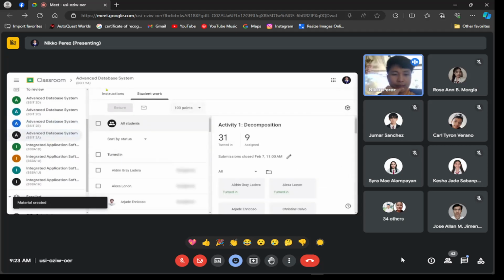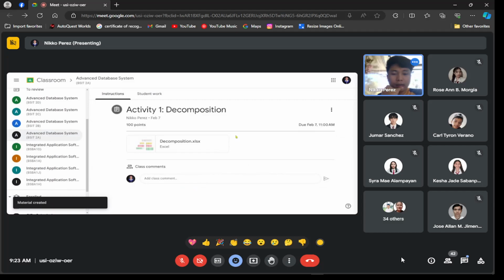Then the decomposition activity. Ayan. So decomposition.